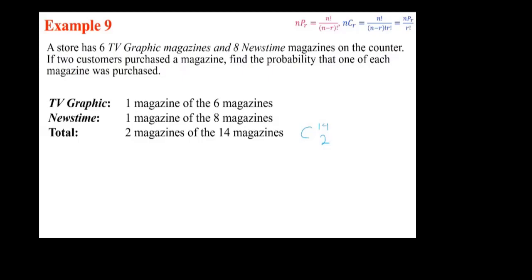For the first one, you have 6 outcomes. The second one, you have 8 outcomes, meaning to get the first one is combination of 6 choose 1. And by the way, it becomes 6. And the other one is the combination of 8 choose 1, and it becomes 8.